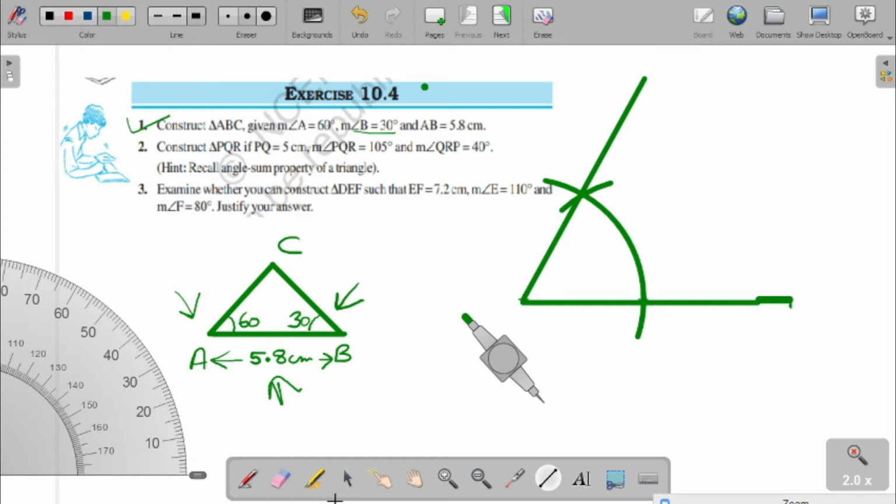Then let us move to this part. We can make 30 degrees. With the compass also, if you are not comfortable, you can use a protractor also. So first we try to make this one, then we take it from here and we can bring it here.